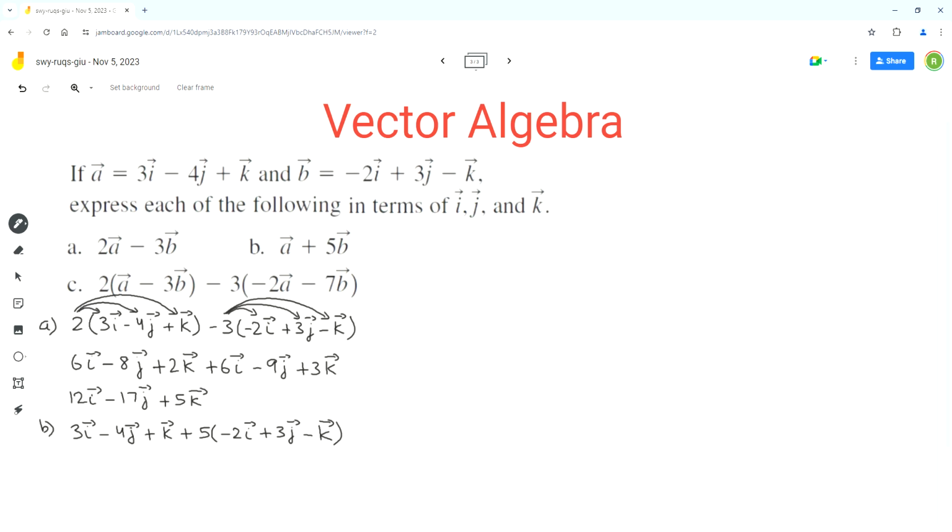So we'll multiply each component by 5. So 5 times negative 2 is negative 10. 5 times 3 is 15. And 5 times negative 1 is negative 5.